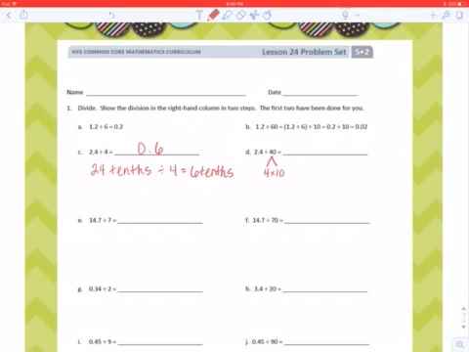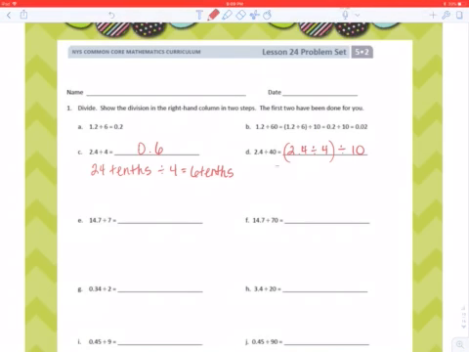So I will write it like this. 2.4 divided by 40 would be 2.4 divided by 4 divided by 10. Whoops. Why did I put multiplication there? Divided by.